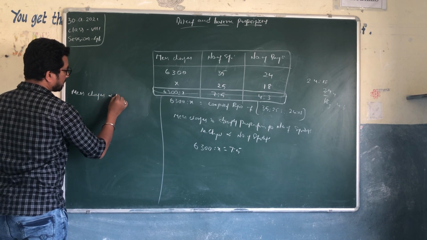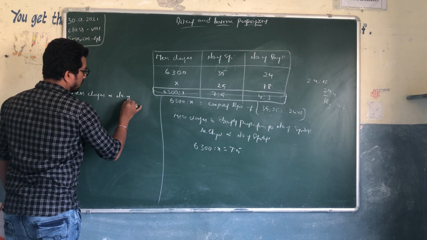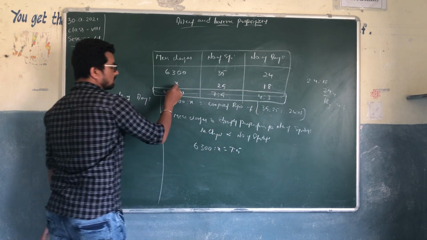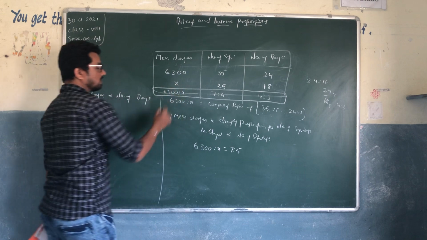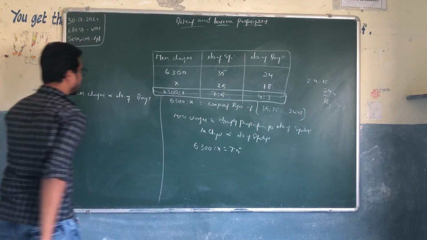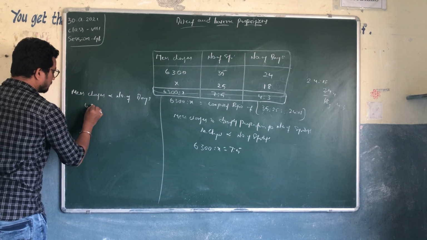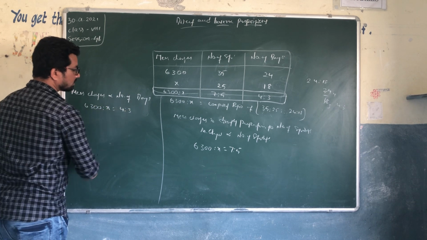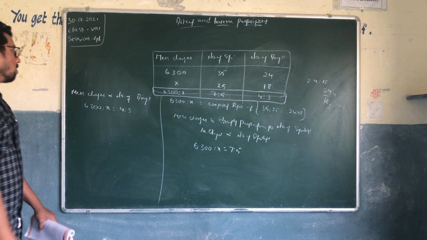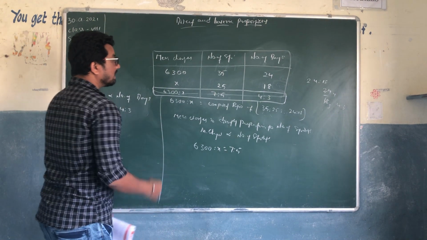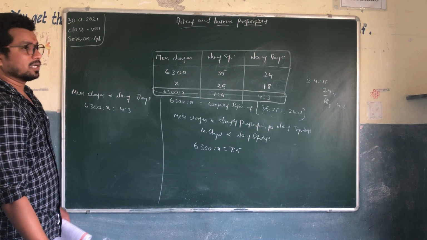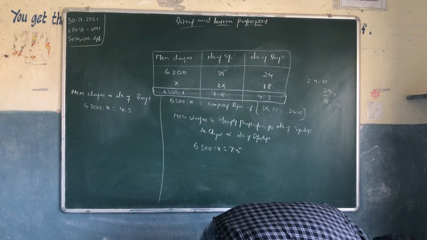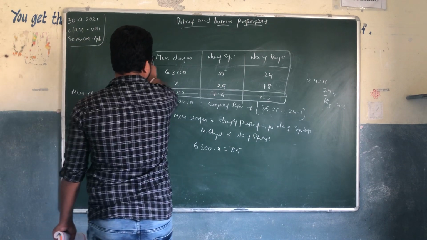Mess charges is directly proportional to number of days, because if this increases, this also increases. If this decreases, this also decreases. Similarly, this one: 6300 is to x is equal to 4 is to 3. Okay, we got this one also. Now what we need to find out is the compound ratio of these two, right? Let us find the compound ratio. So I'm erasing this one.